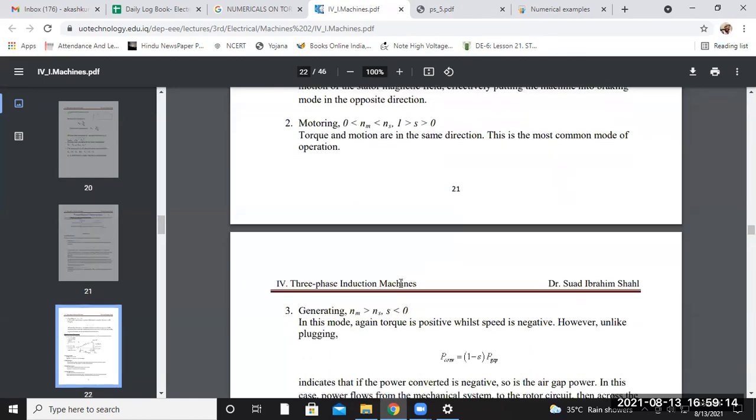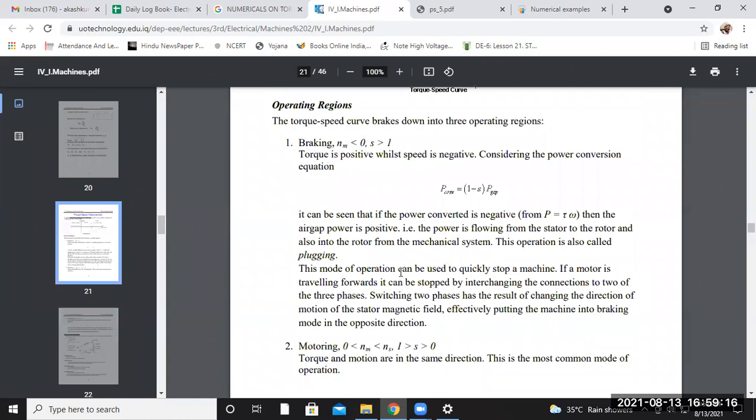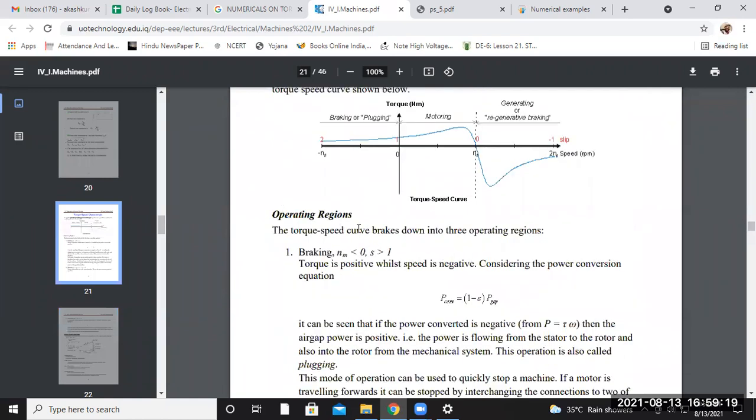Now, for explanatory purposes, there are three regions. The first one is the operating region. The operating region for the induction motor is when the slip is greater than 0 but less than 1. That is the operation of the induction motor.